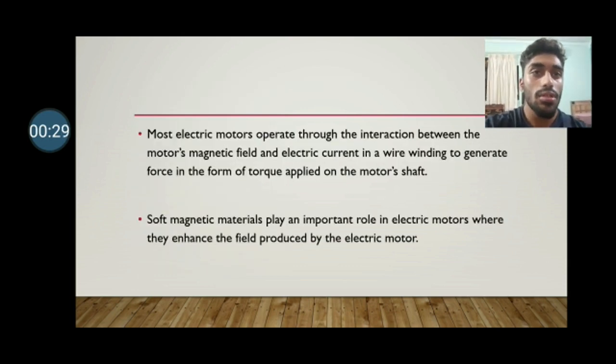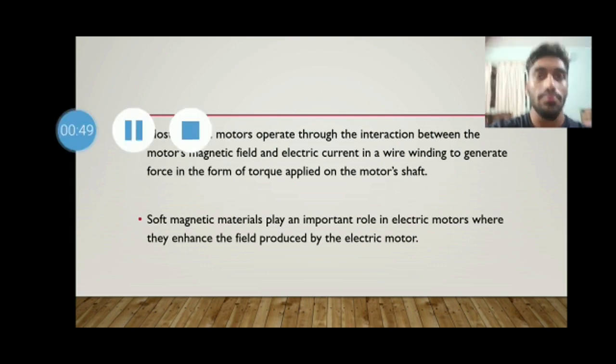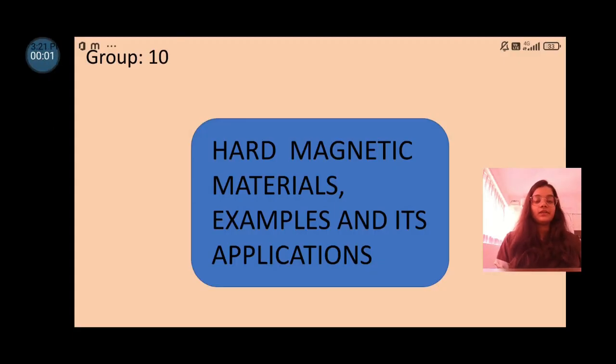Most electric motors operate through the interaction between the motor's magnetic field and electric current in a wire winding to generate force in the form of torque applied on the motor's shaft. Soft magnetic materials play an important role in an electric motor, where they enhance the field produced by the electric motor.